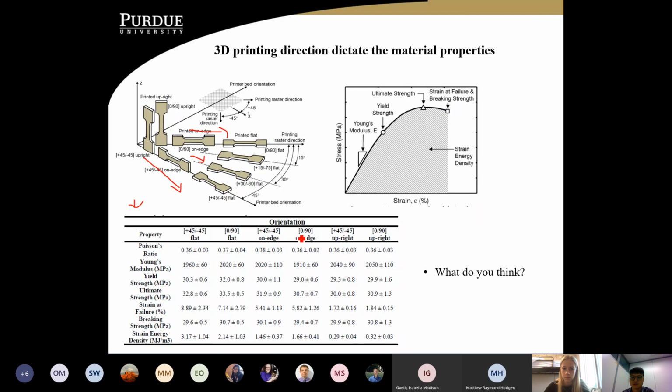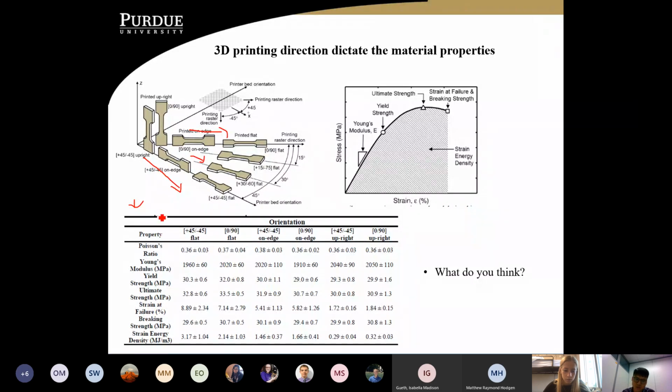This means you have a nozzle printing at 45 and then minus 45 for all the components, compared to 0/90. So 0/90, you can imagine the X and Y axis degrees: you're printing at 0, and then you're printing at 90. That's what the nozzle is doing throughout the entire process.